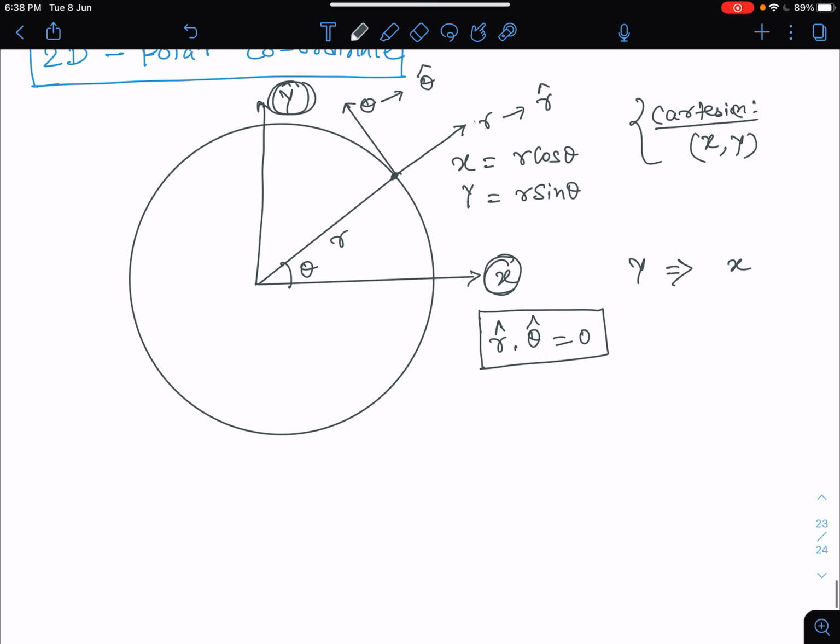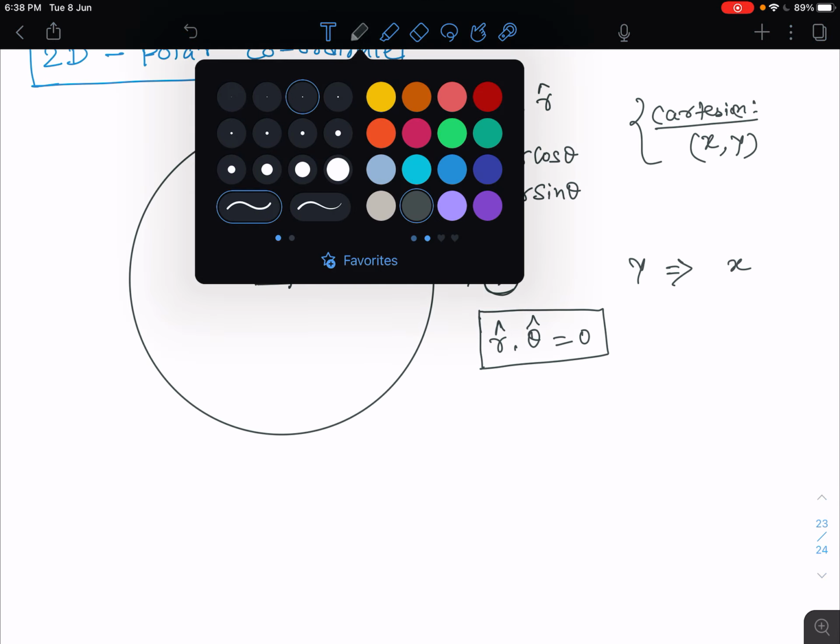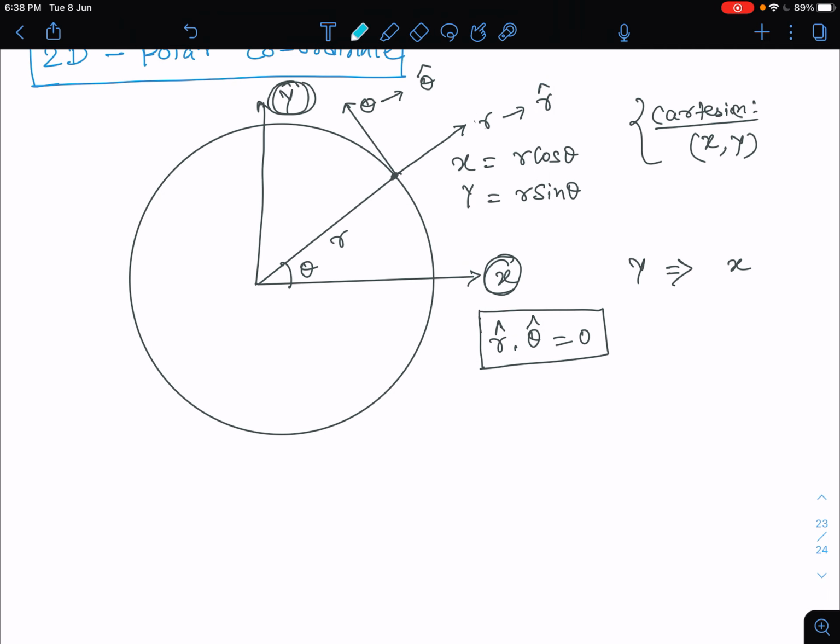So if you want to represent r cap as a function of theta, let's extend that line to here, right?